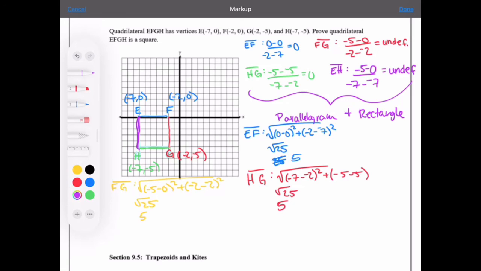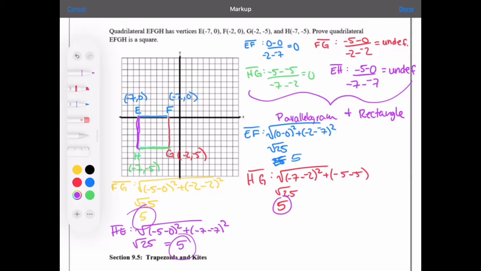Last but not least, HE. Sorry, was looking at the wrong one. HE will be -5 minus 0 squared plus -7 minus -7 squared, which gives us 5 again.